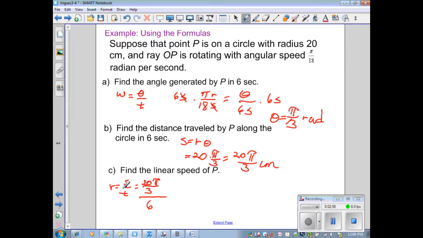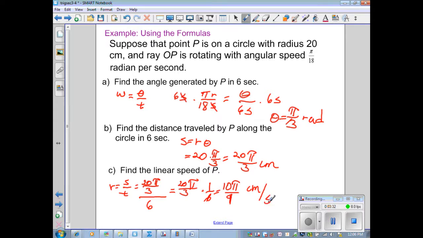So all I did is substitute into my known formula, and then I'm going to simplify, which is going to give me 20 pi over 3 times 1 over 6, because this is divided by 6, and when I take the reciprocal, it's going to be 1 over 6, and therefore I simplify, and I'm going to get a solution for velocity to be 10 pi over 9, and that would be centimeters per second.